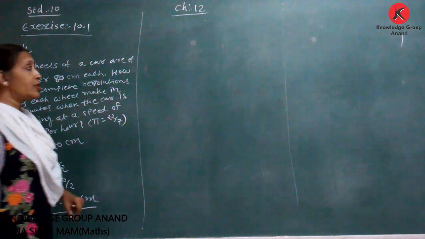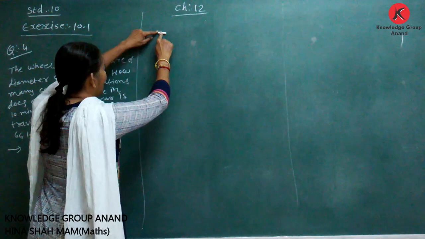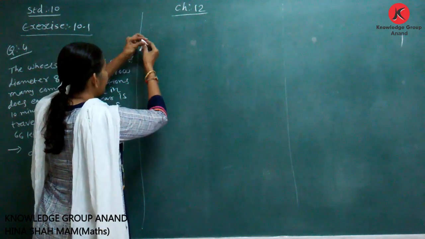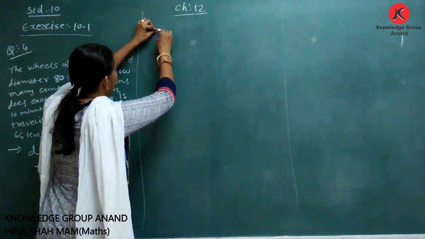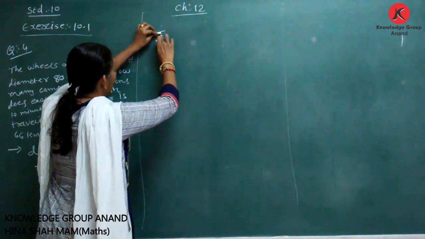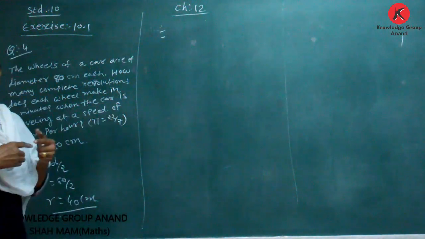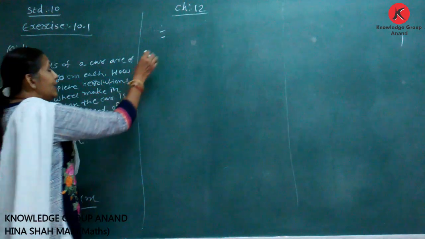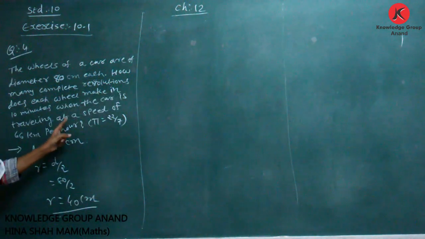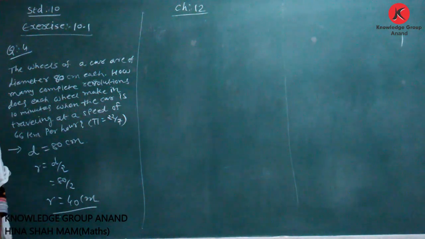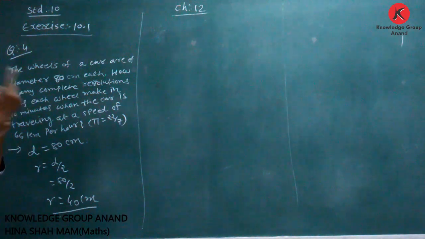Revolution. What is revolution? Suppose it is a wheel, then this wheel starts here and revolves here, 1, then again, it is 2, like this revolution. How many revolutions in 10 minutes at the speed of 66 km per hour? Revolution, that means we find its circumference.